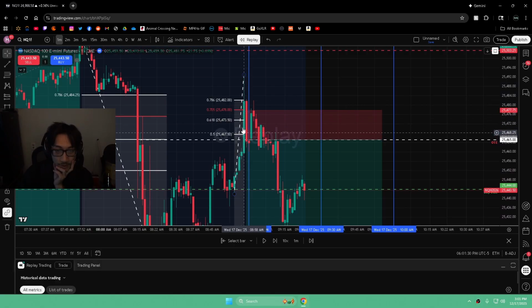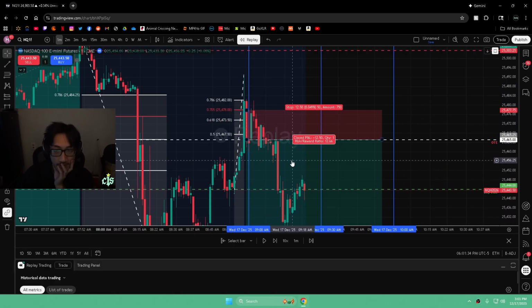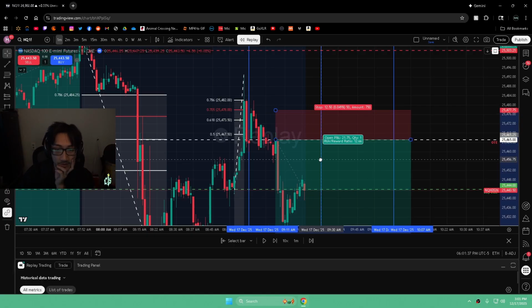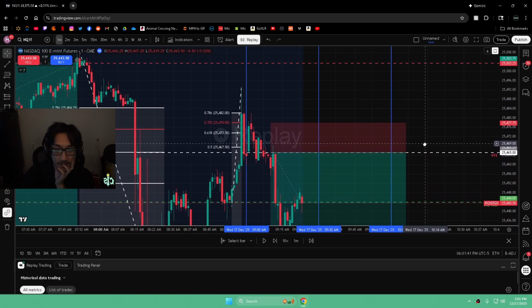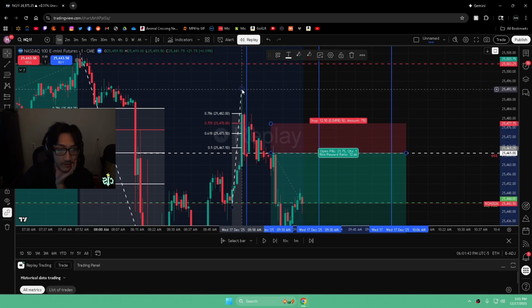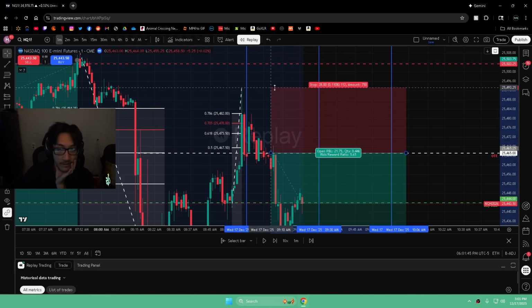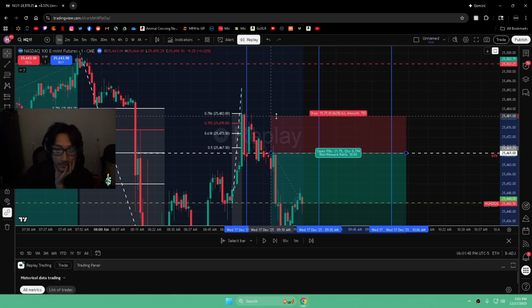Why? Because this is market open, or 9 o'clock. 9 o'clock to 9:30 is kind of an iffy spot to get into a trade, right? So you could have a bigger stop loss. As soon as you see this wick, you can have your stop loss above that wick if you wanted to, right?